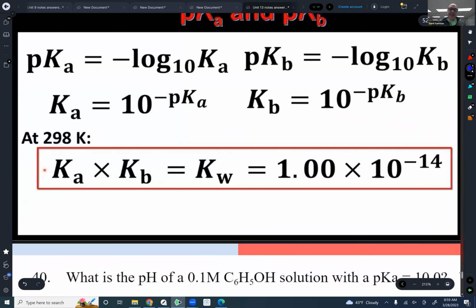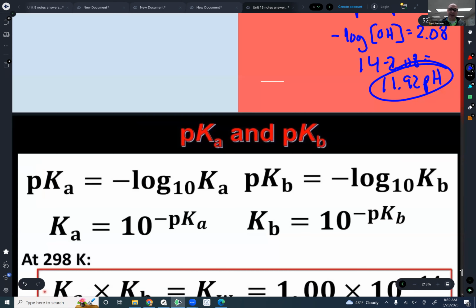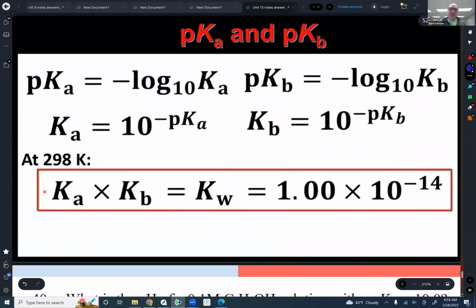Now, in the next section, what we will talk about here is what happens if they give you something called the pKa. So if you recall, Ka is a ratio of how much it dissociates. It's a percentage. Well, what if instead of giving you this decimal, they turn it into a log value?